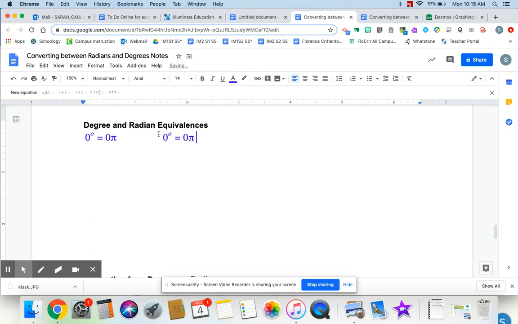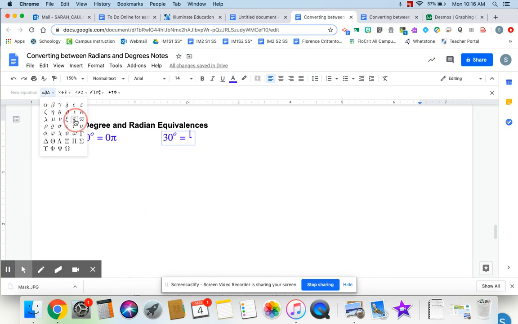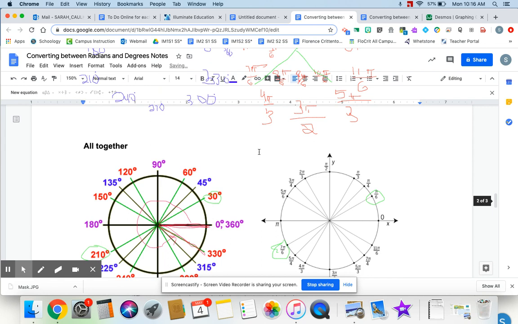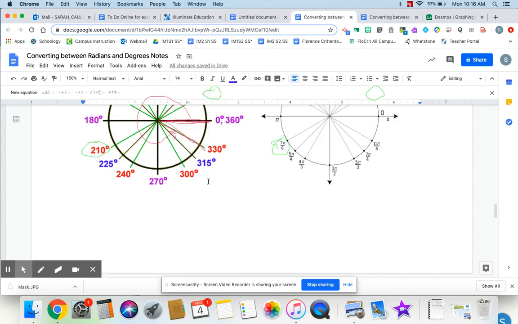So 30 degrees is pi over 6. The next one, that pi over 4 was 45.